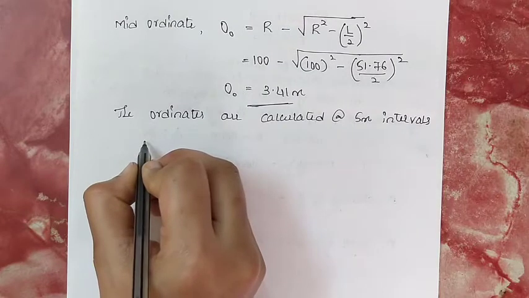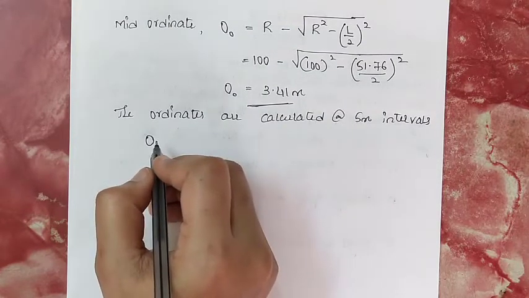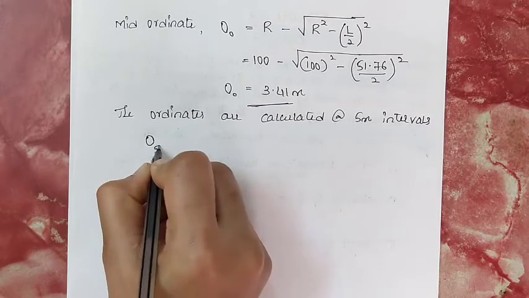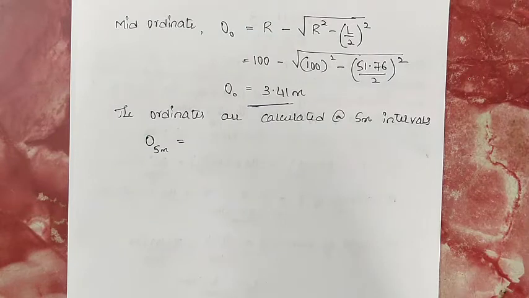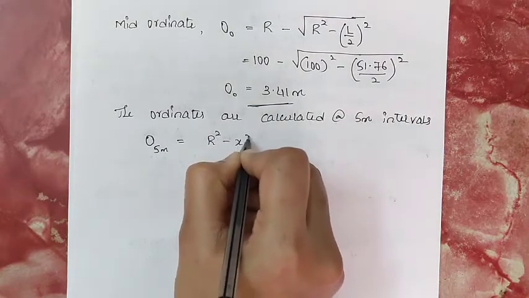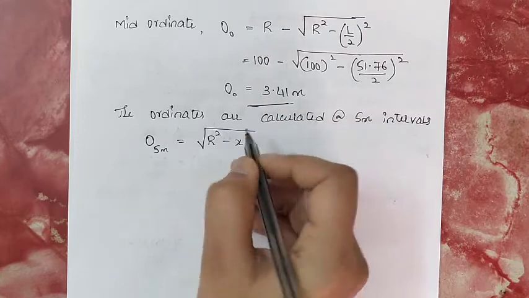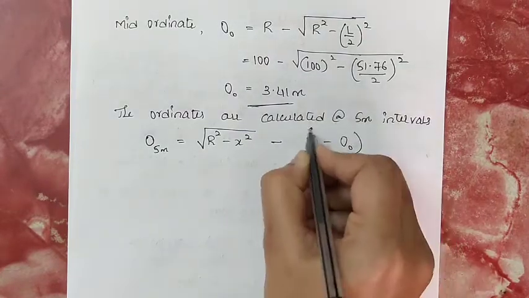Then calculate the respective ordinates, that is O at 5 meter. The respective ordinate is given by square root of R square minus x square, minus (R minus O naught).